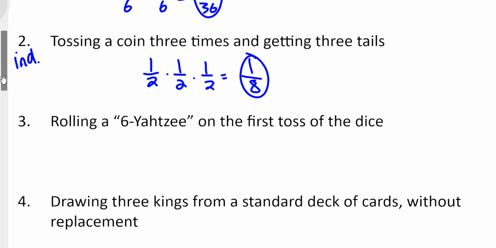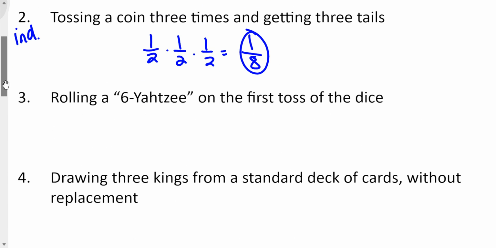Let's keep going. Rolling a 6 Yahtzee on the first toss of the dice, meaning you're getting a 6, a 6, a 6, a 6, a 6. That's 5 sixes, in case you didn't know what that meant. Okay.